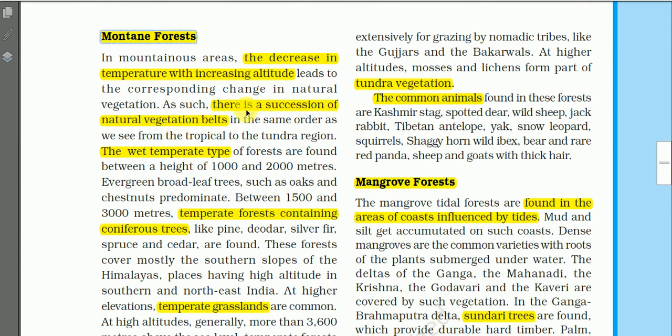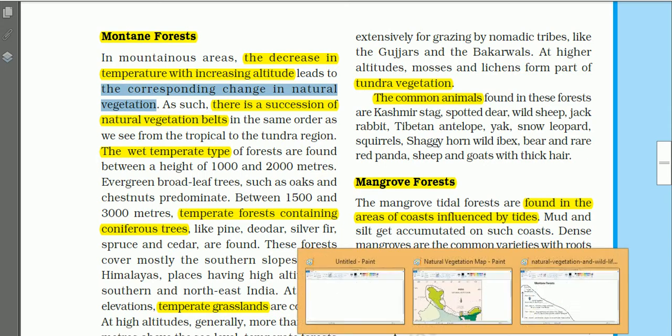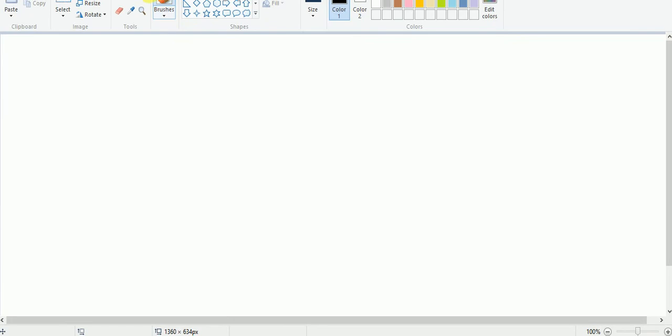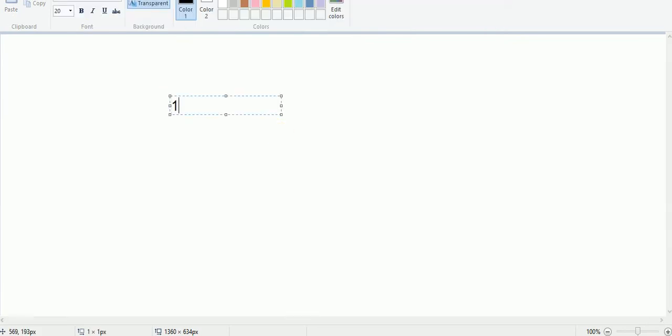And let us read. In the mountainous areas, the decrease in temperature with increasing altitude leads to the corresponding change in the natural vegetation. When we learned Chapter 4, Climate, we came to know that with the increase in altitude, temperature decreases at the rate of 1 degree Celsius for every 165 meters of ascent.